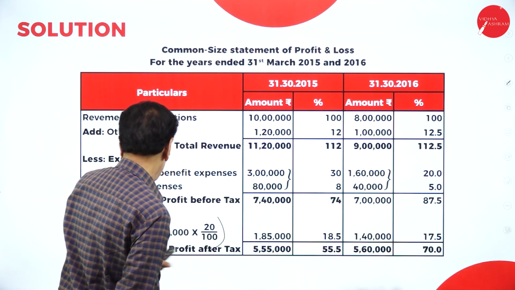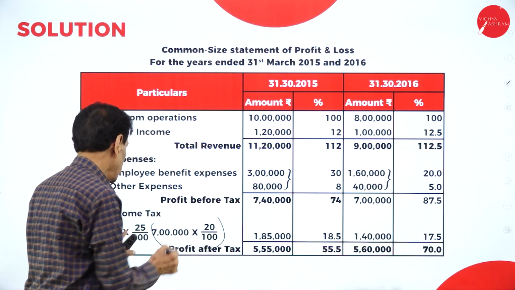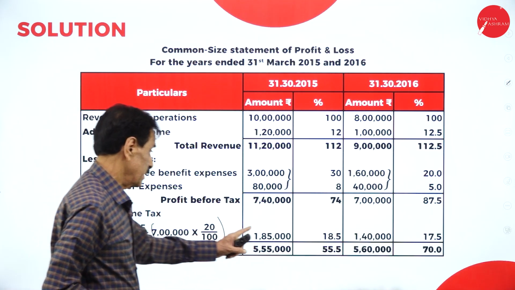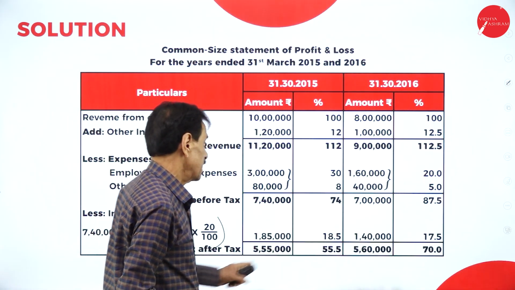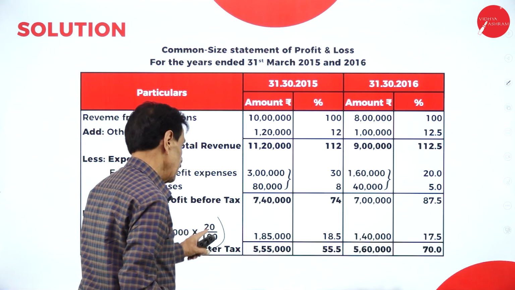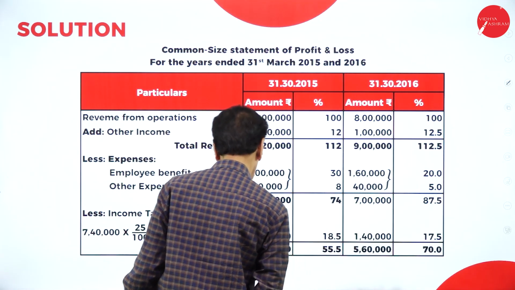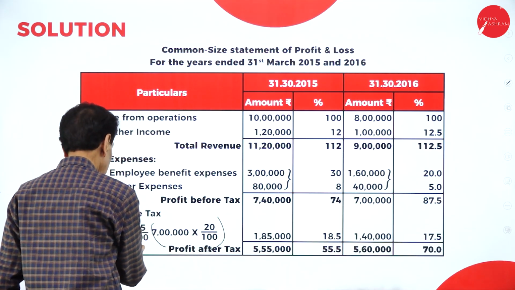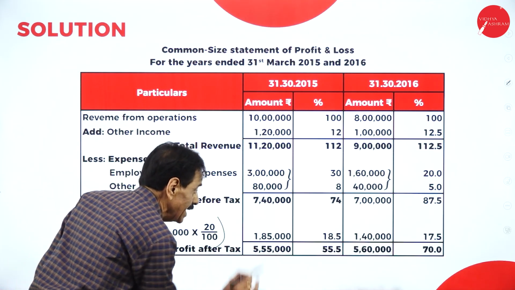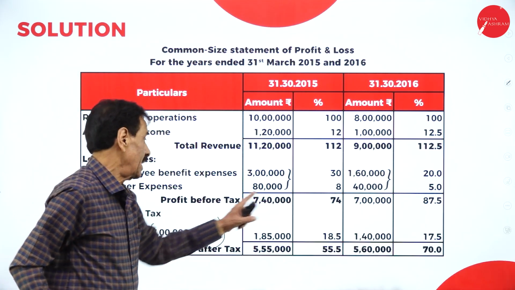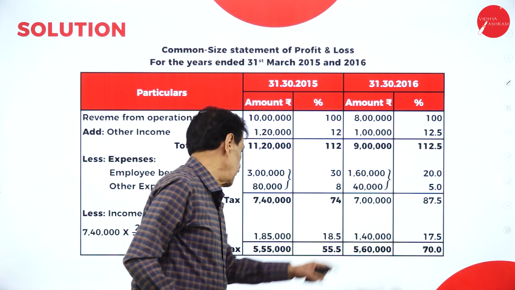First year, 7 lakh 40,000, 25%. This is 18.5. This is 7 lakh, 20 by 100 is 1 lakh 40,000. This is 7 lakh 40,000, 25% is 1 lakh 85,000. 7 lakh 20% is 1 lakh 40,000.